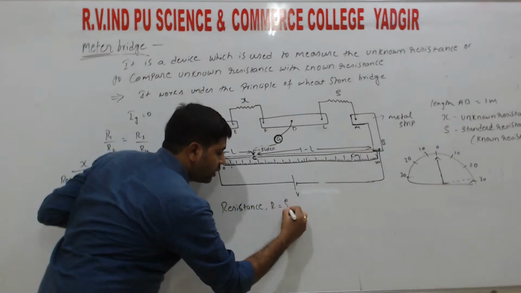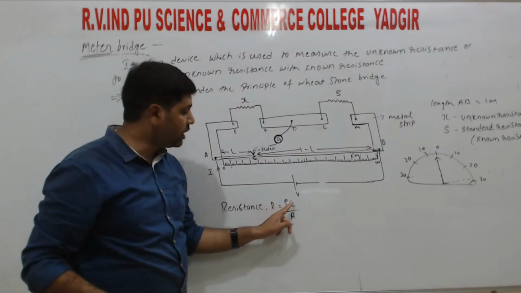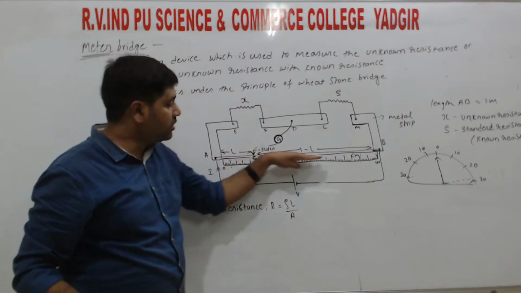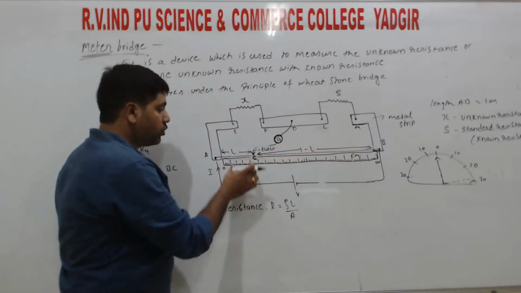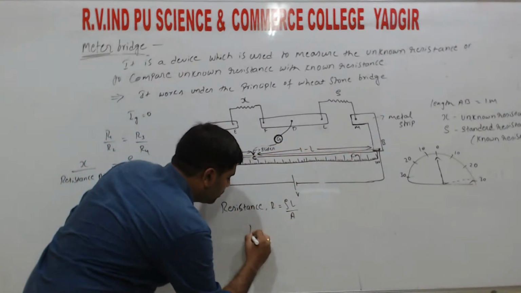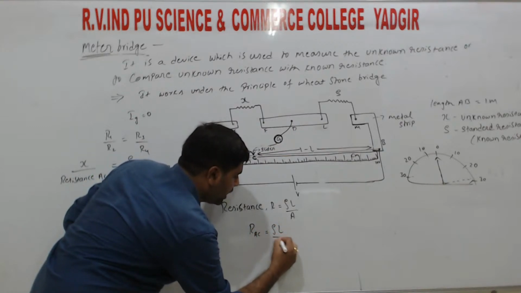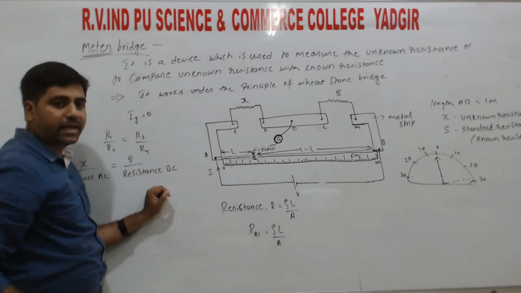So we know resistance R equals rho L divided by A, where rho is the resistivity, L is the length of the wire and A is the area of cross section. So this wire is uniform length and uniform cross sectional area. So the resistance of length AC, RAC, equals rho L divided by A, where L is the length of the AC, right?